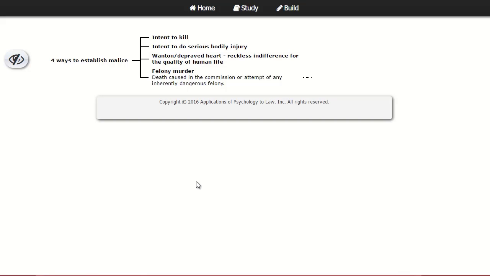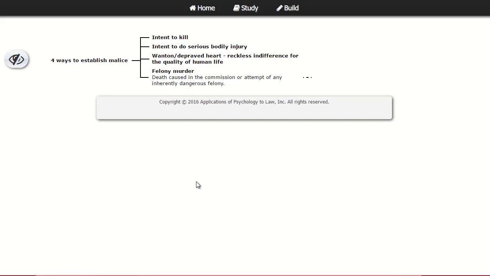What you have to do if you want to find second degree murder, because common law murder is second degree murder, is establish a killing with malice aforethought. What does that mean? Malice. There are 4 ways to find malice. If you find any of the 4, you have malice aforethought, and that gives you second degree murder.